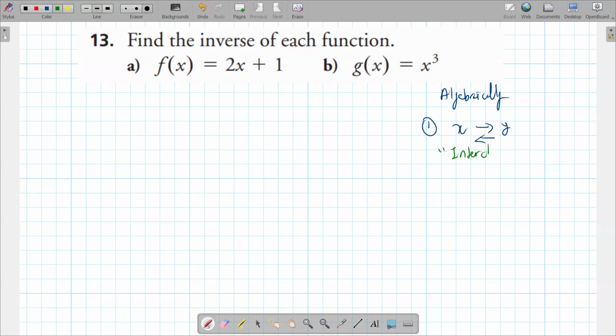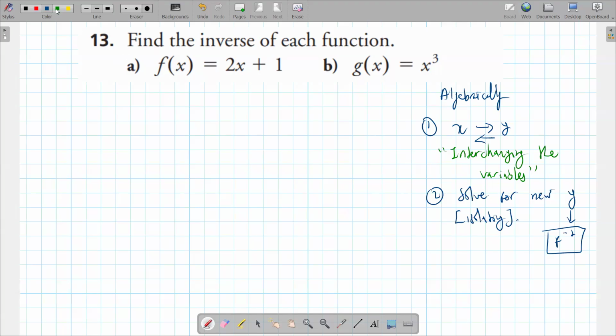It's called interchanging the variables. I'm still going to call it swap, but that's what it's called. Then you want to solve for the new y. When I say solve, I'm talking about isolating it. And then this new y is technically your f inverse.